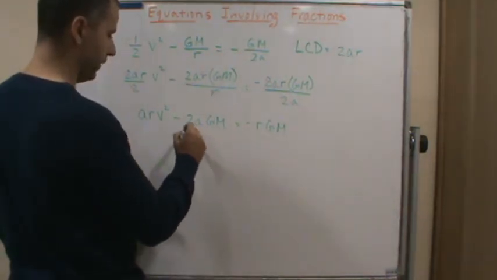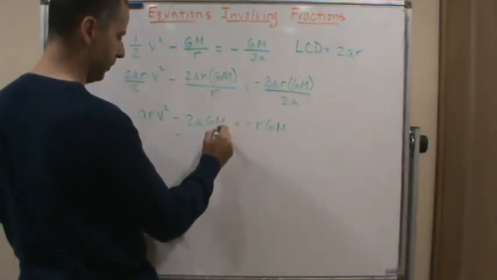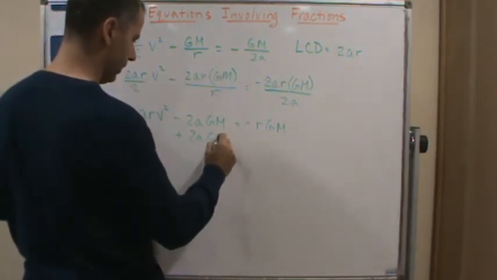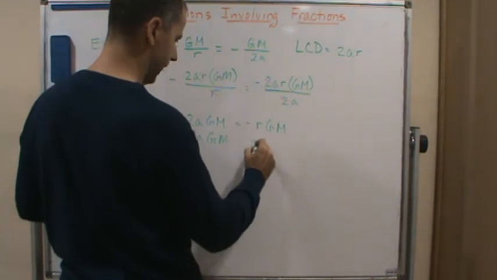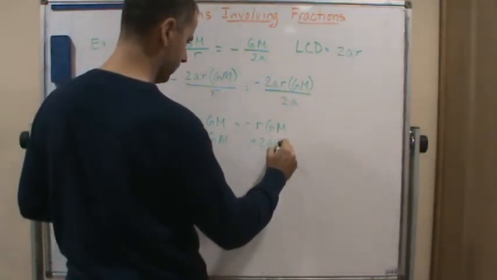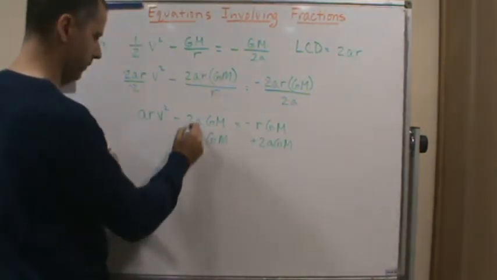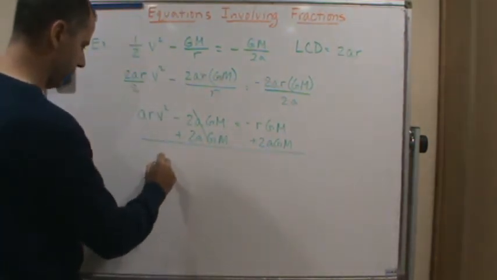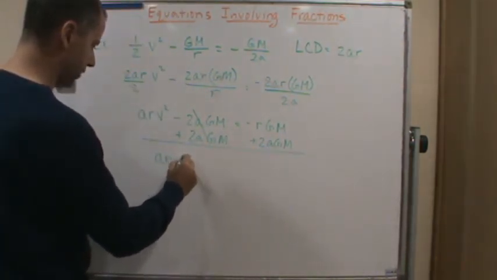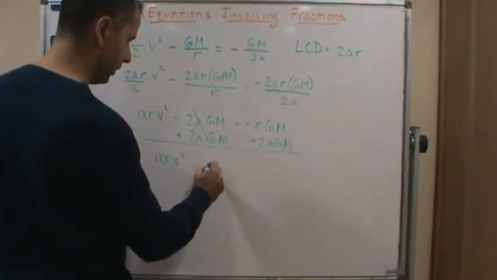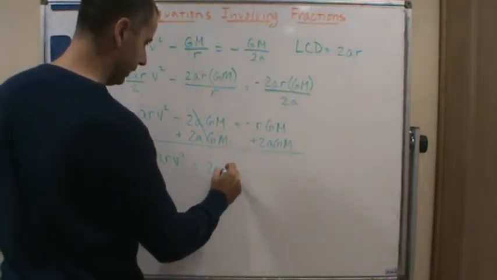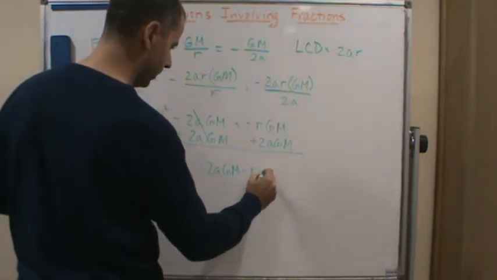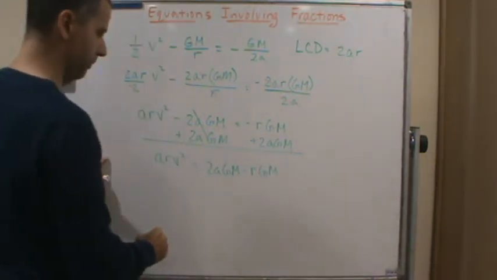So this term has an M, so I'm going to move it over. I'm going to add 2A GM to both sides. Okay, and so I get AR V squared equals 2A GM minus R GM.